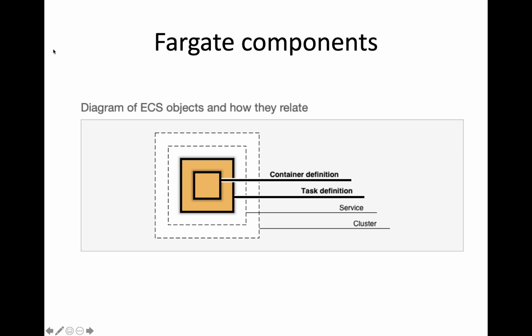The service controls the scheduling of containers in terms of how many containers are going to run within the cluster and so on. Each service will have at least one or more task definitions. And part of a task definition is a container definition.